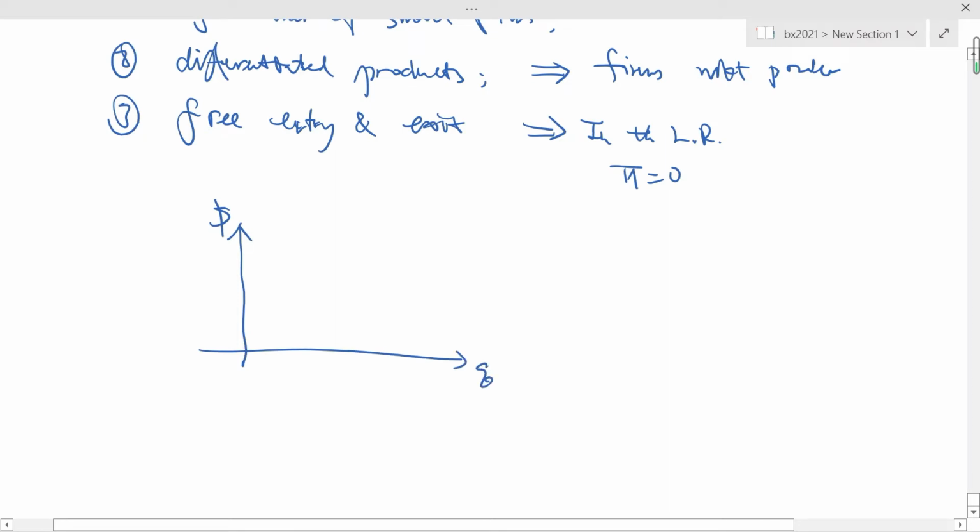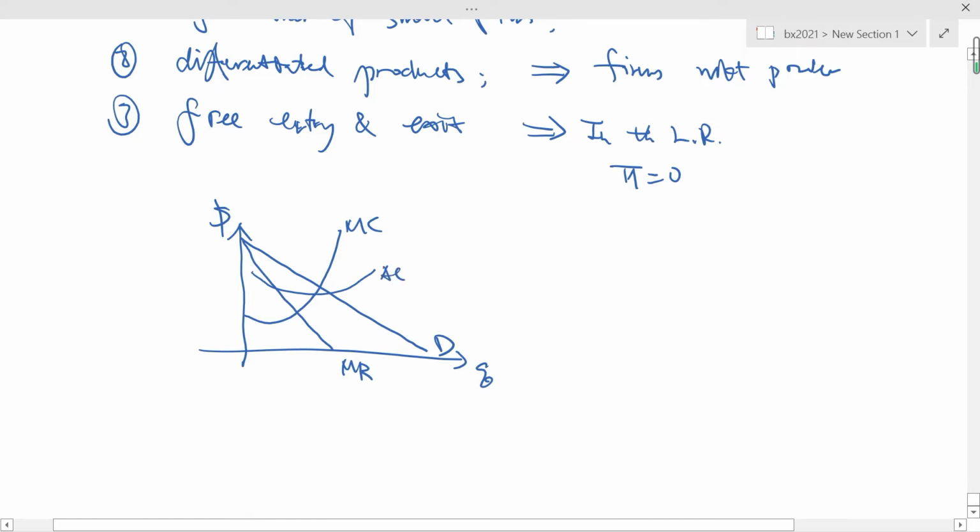So in this market, say coffee shop, I'm faced with downward demand function, and that means my marginal revenue curve is twice as steep, and I have a U-shaped cost curve. This is marginal cost. This is average cost. Okay.